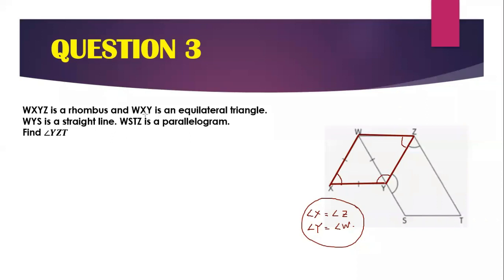So because of the information that WXY is an equilateral triangle, the angle of X equals angle Y equals angle W, which is 60 degrees.